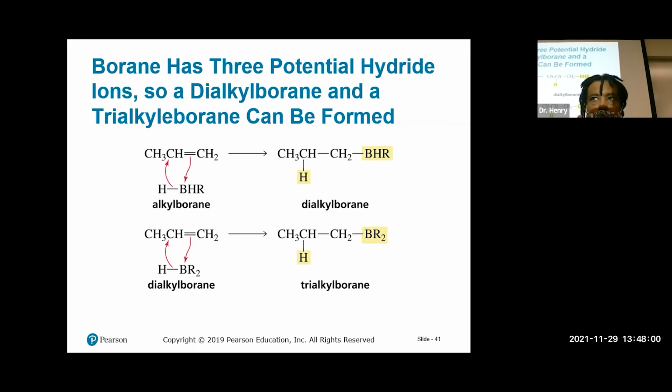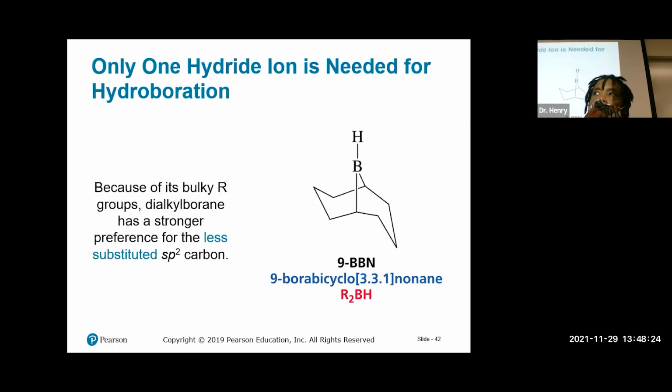Again, we're looking for stability. And that's the same thing if we have a dialkylborane. You guys know the difference: di meaning 2 hydrocarbons, and they don't have to be exactly the same. It could end up being 2 different ones.